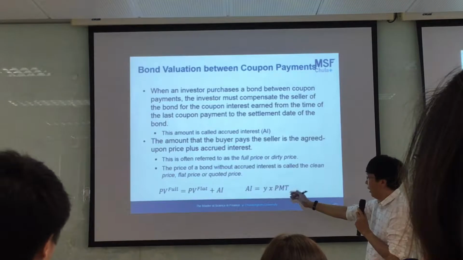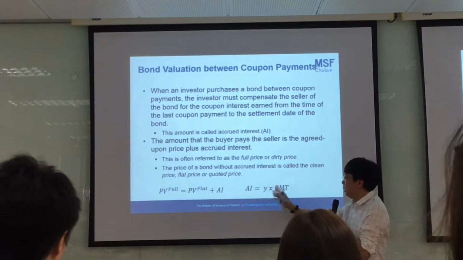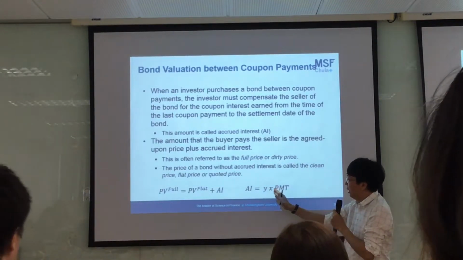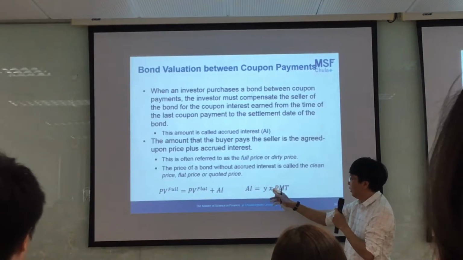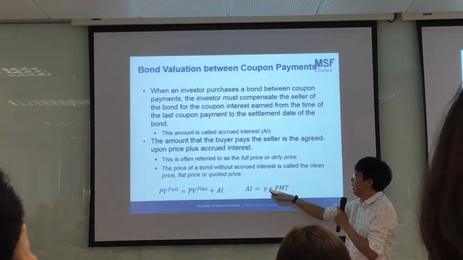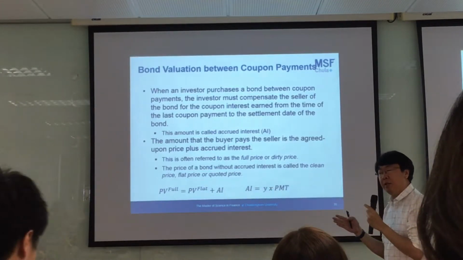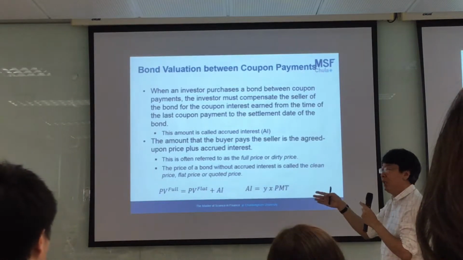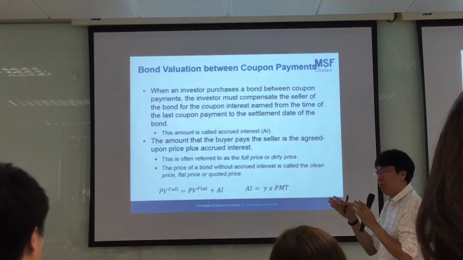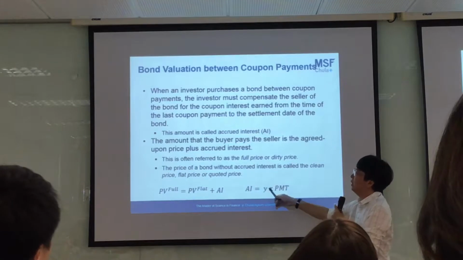So to share this coupon, it depends on how long the seller has held the bond. It is a proportion of the time: since the last coupon payment until the settlement date, divided by the number of days between the last coupon payment and the next coupon payment. I'll show you this again on the next slide.